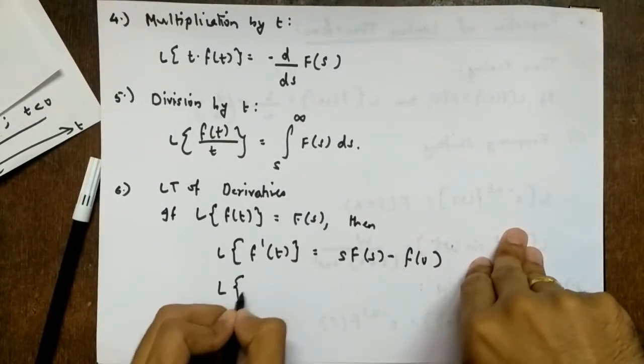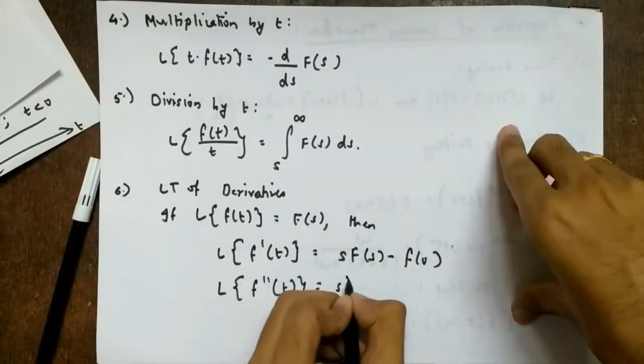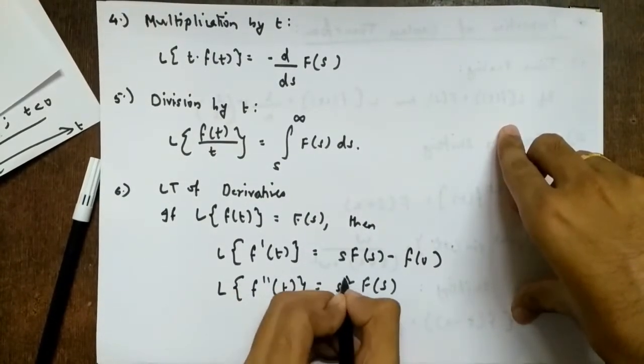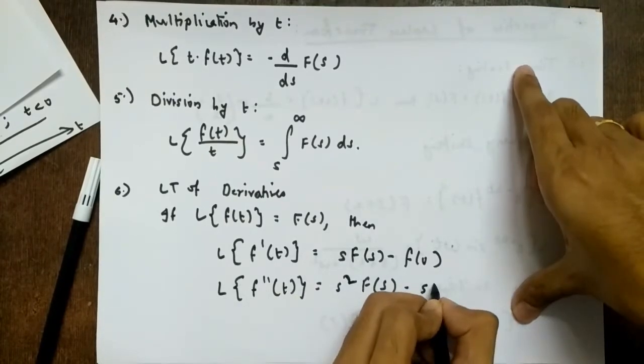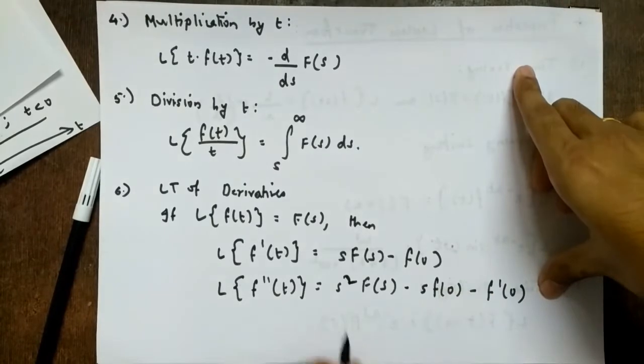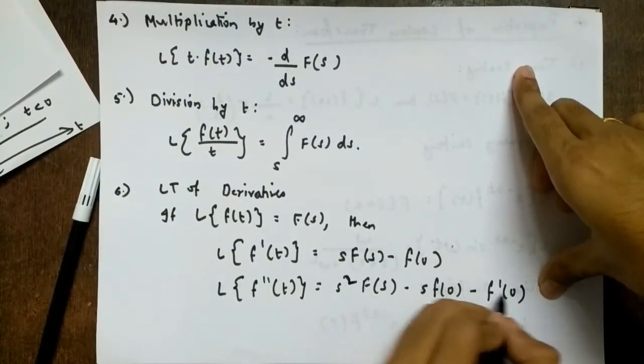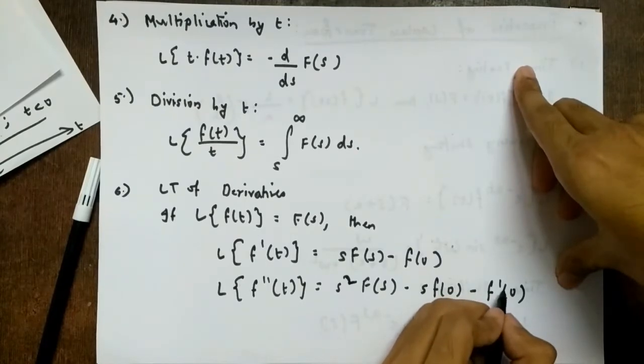And if I have a double derivative, taking the derivative 2 times, then it becomes s square F of s minus s f of 0 minus f dash of 0. Again this is capital F, so frequency domain, and this is time domain: you take f of t, then substitute t equal to 0.